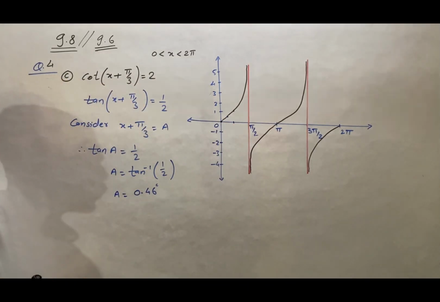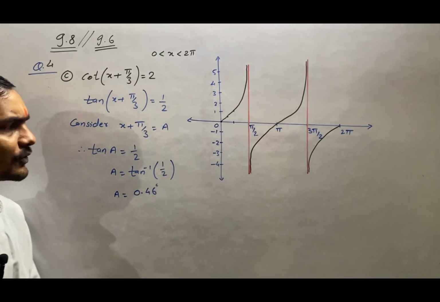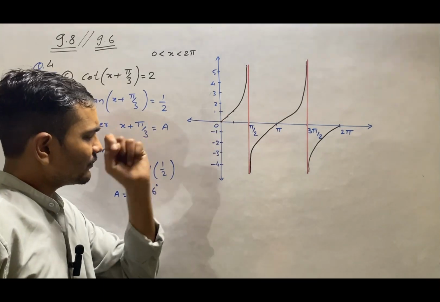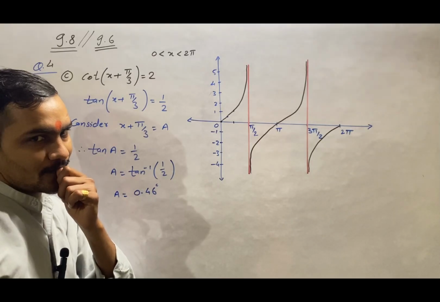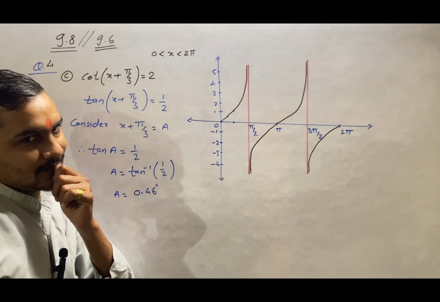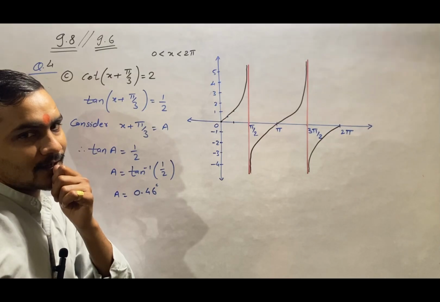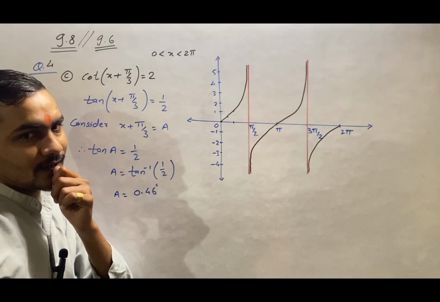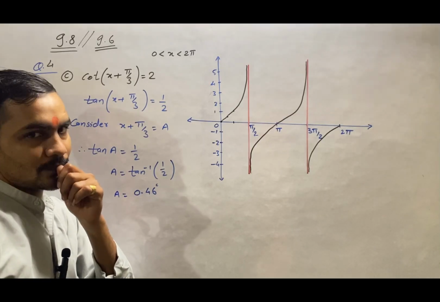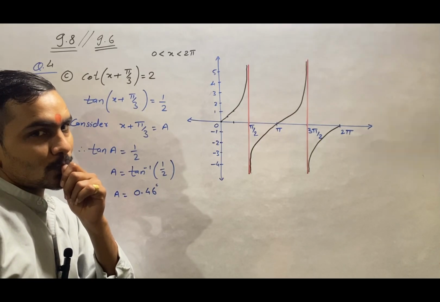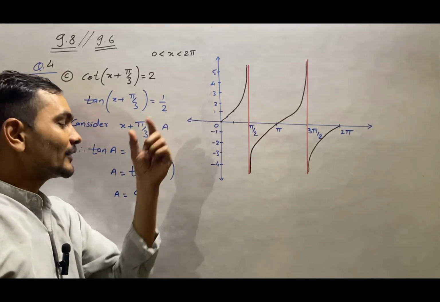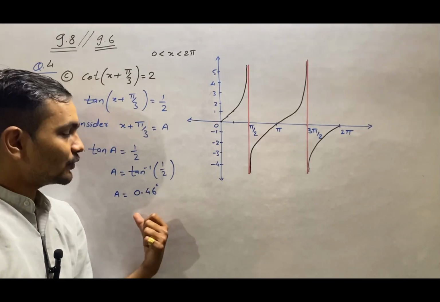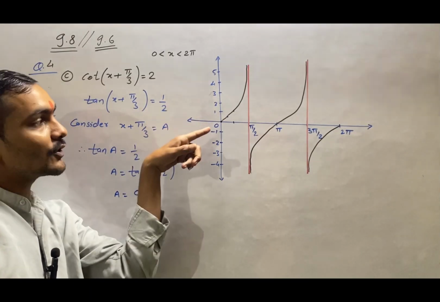Just I have a question for you. How do you get 0.46 in this graph? Okay, for the radian, you can select on the y-axis, where does 0.46 lie?